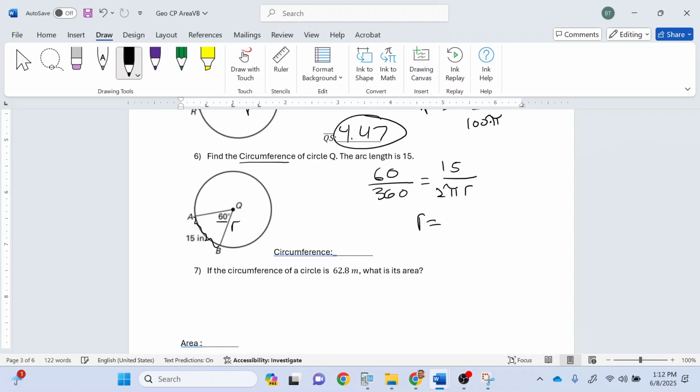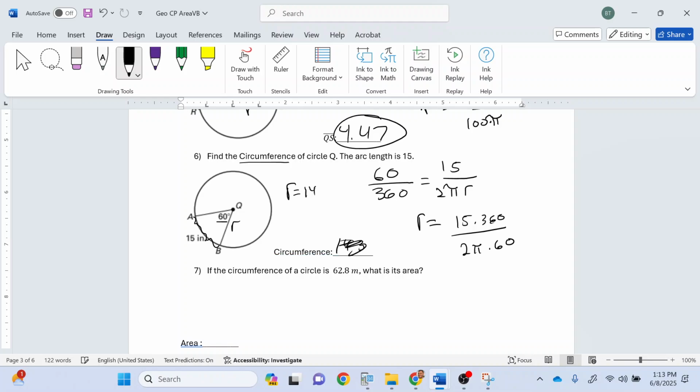So r should end up equaling, if I multiply r here and I move everything over, 15 times 360 divided by 2 pi times 60. So 15 times 360 divided by 2 divided by 3.14 divided by 60. I end up getting 14.3. Oh, 14.3 is my radius.